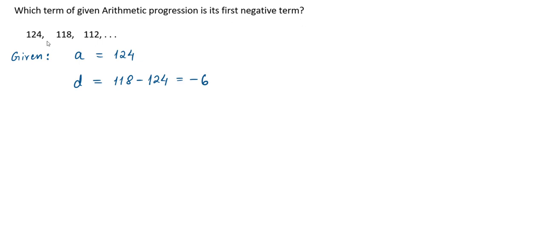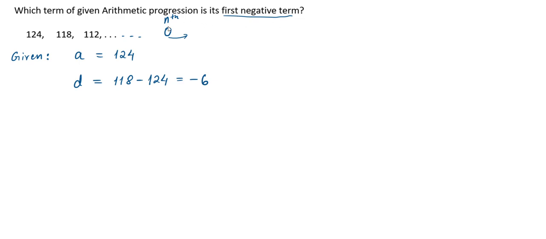So what we can consider is, as we keep on going, somewhere we will reach 0, right? And the term just next to the 0 is going to be the first negative term. So let's take 0 as the nth term, and if we get n as a whole number, then the next term would be the first negative term.